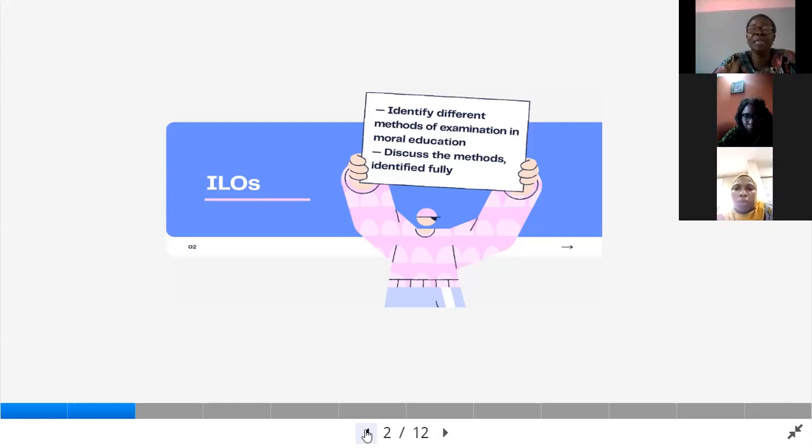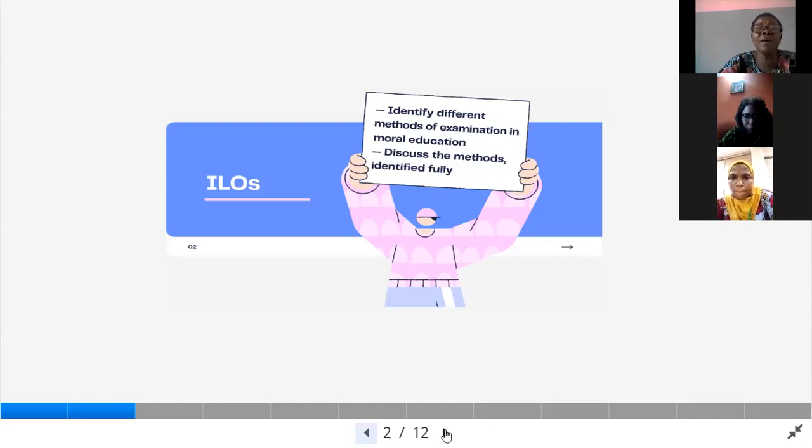We're expecting that by the end of this class, the student will be able to identify different methods of examination in moral education, and also discuss the methods they have identified. What are the types of examination in moral education, and in what form do they come?